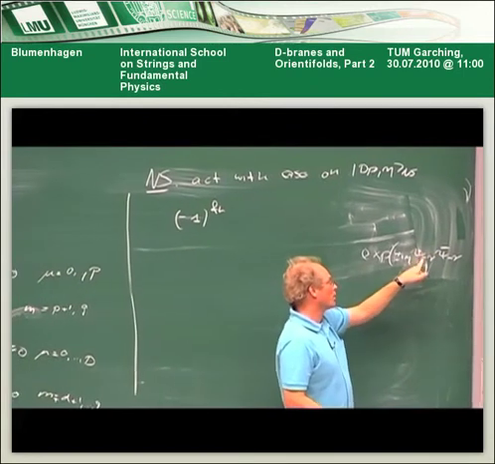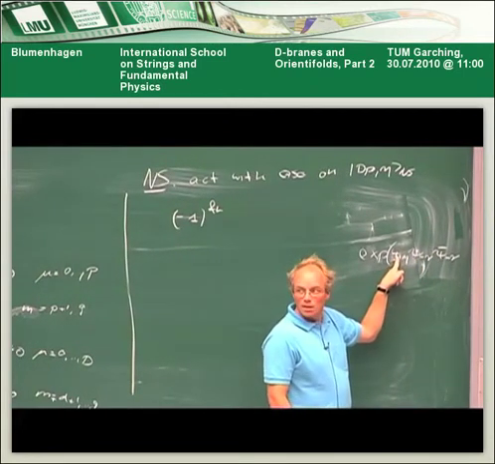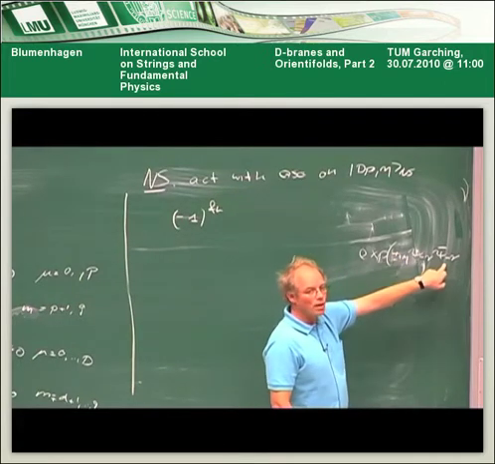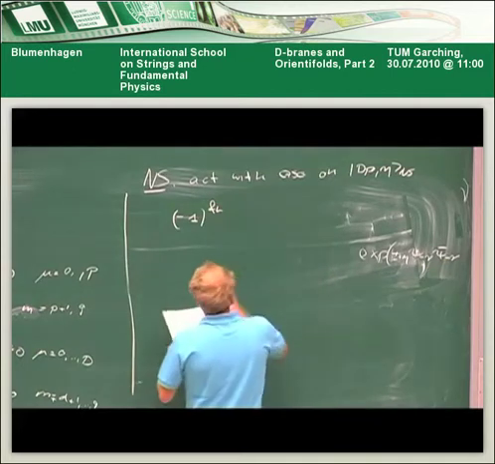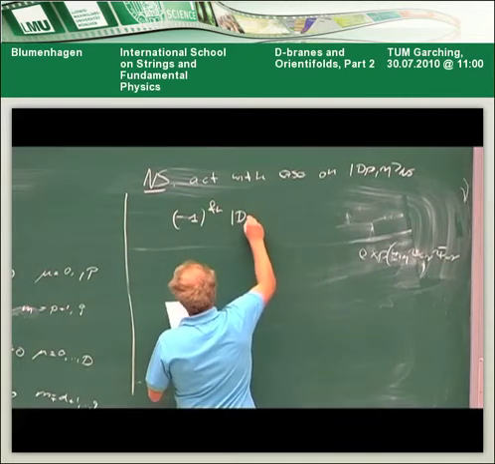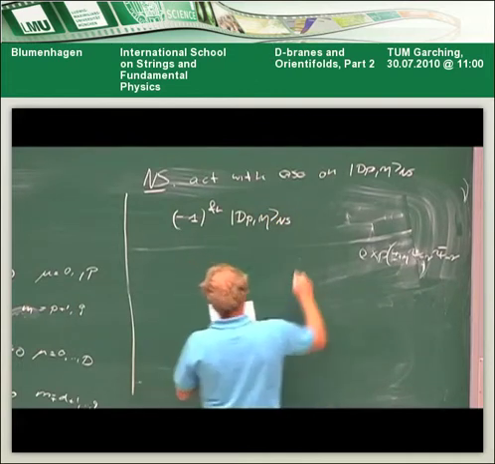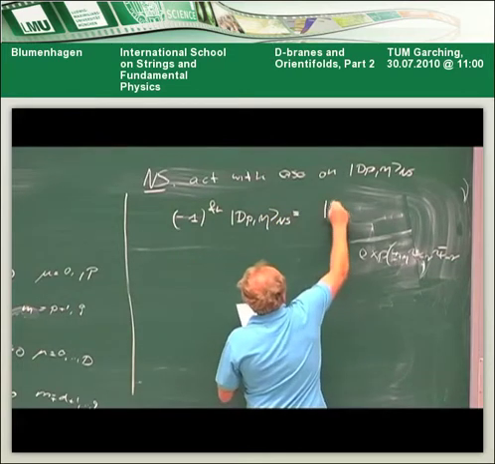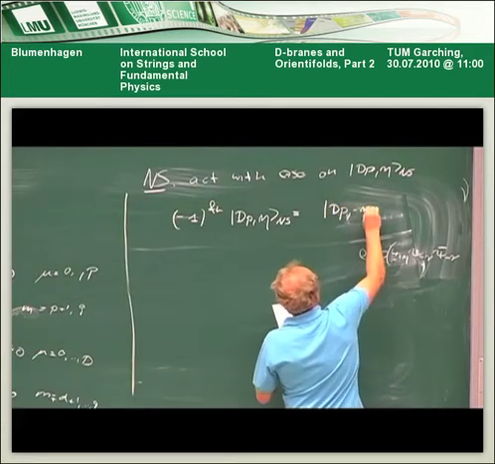So if it's the left moving, you get a minus sign from this one, so you change the sign here. Is that clear? The same for the right moving one. So if you act with (-1)^{F_L} on the boundary state eta in the NS sector, you get the boundary state with the opposite sign, minus eta.